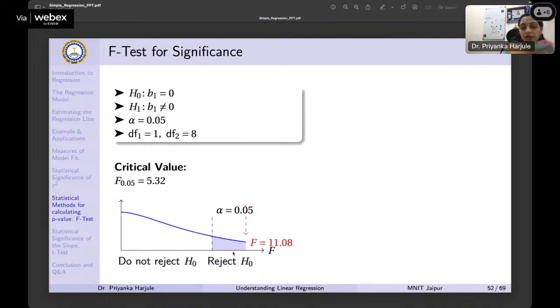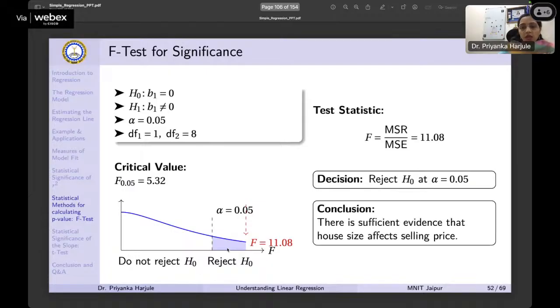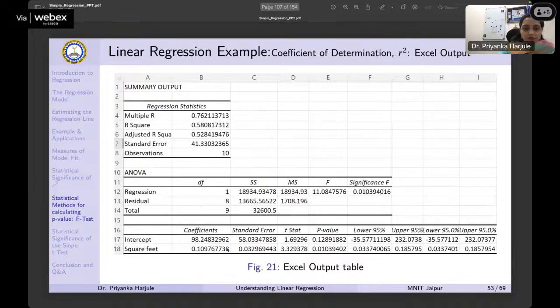So our F statistic value is falling in the rejection region, also called the critical region, and therefore we have to reject the null hypothesis and say that your slope is actually not equal to 0, and we have already got its value to be 0.11, this one.